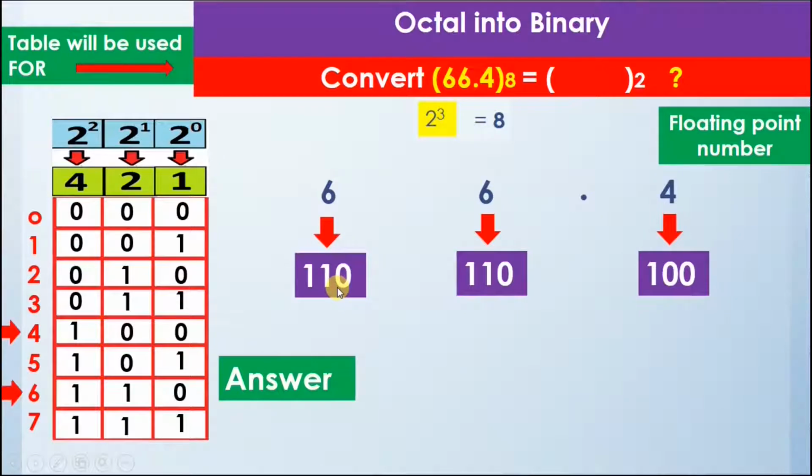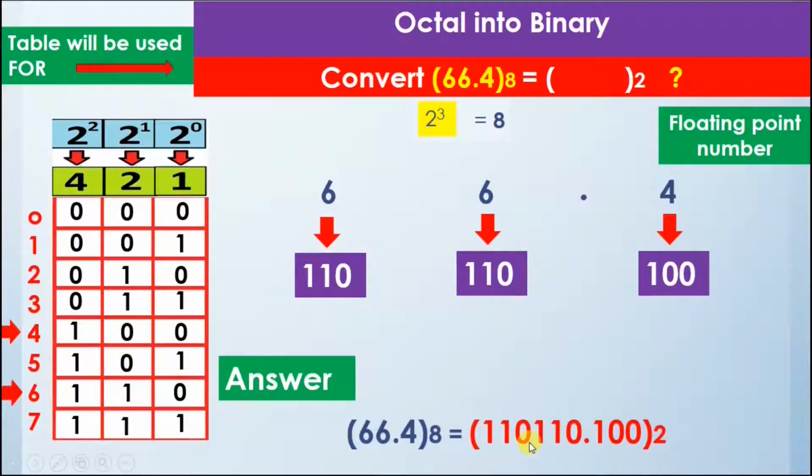So now we have calculated all the values and we can write the answer as 110 comes from here, 110 comes from here, and then the decimal point maintains its position, and then 100 comes from here. So we can say that the value 66.4 in octal is equal to 110.110.100 in binary.